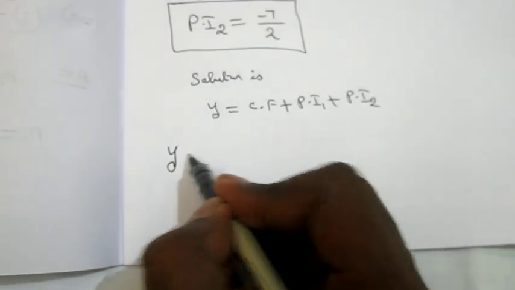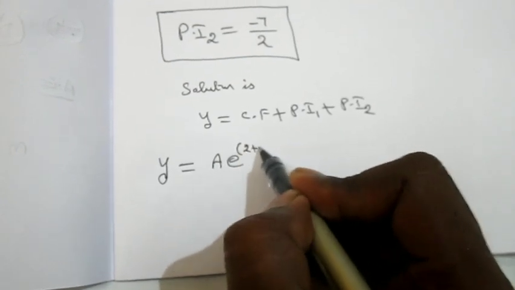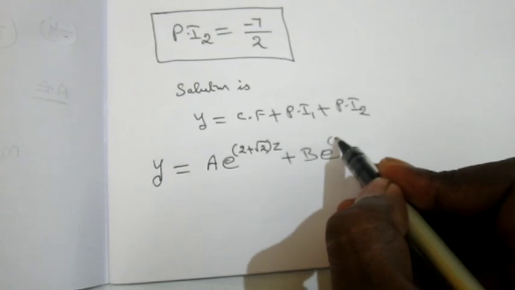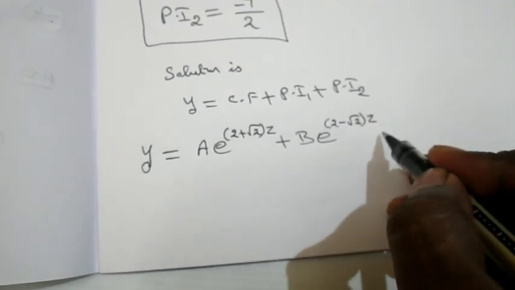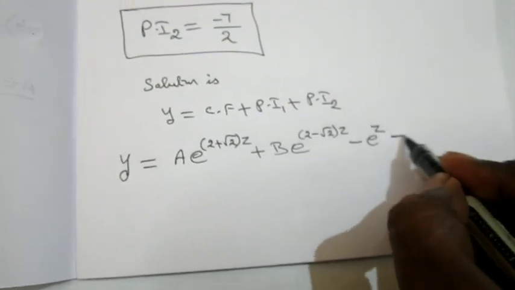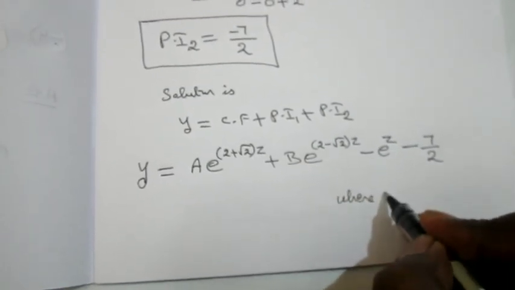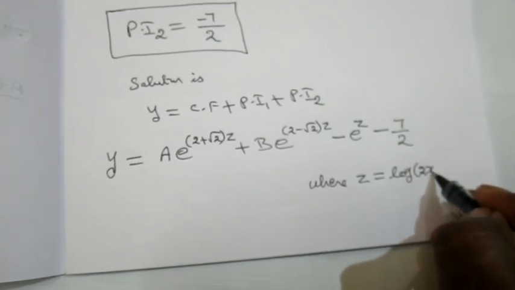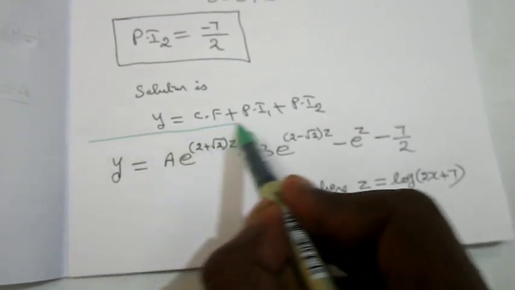Finally the solution y is equal to A e power (2 plus root 2) z plus B e power (2 minus root 2) z, and particular integral 1 is minus e power z, and particular integral 2 is minus 7 by 2, where z equals log of (2x plus 7). So this is the solution of the given differential equation.